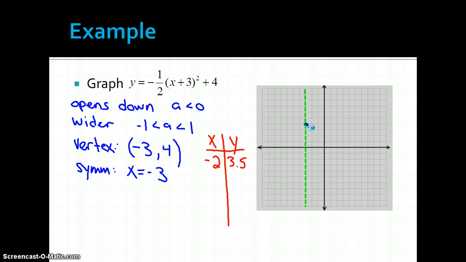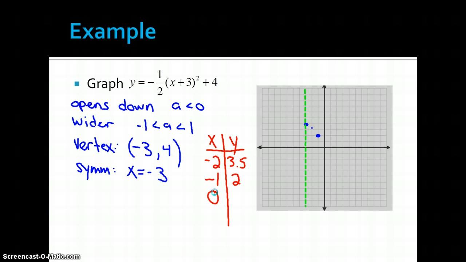If I go to -1, the inside will give me +2. +2 squared is 4. -1/2 times 4 is -2. This is going to give me +2. So -1, +2.